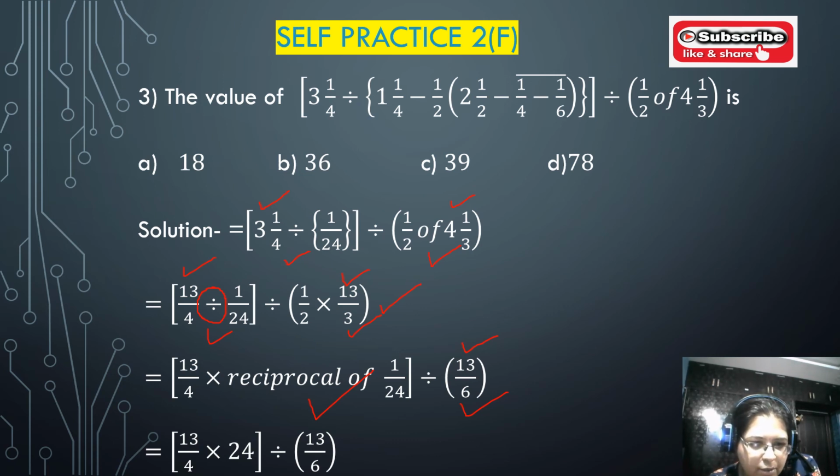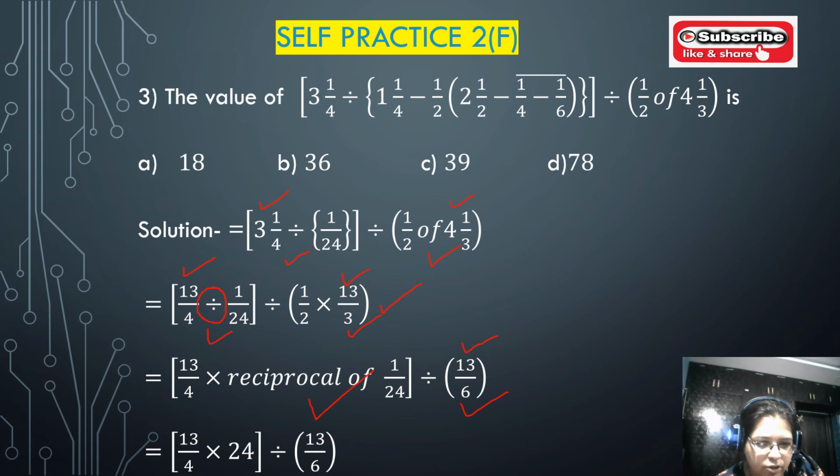Now 13/4, the reciprocal of 1/24 is 24/1. That is just interchange the numerator and denominator. 1/24 will be 24/1. Then we get 13/4 multiplied with 24/1. 24/1 is 24.